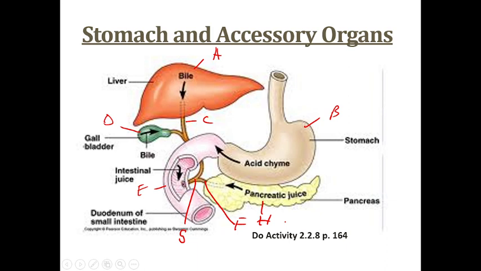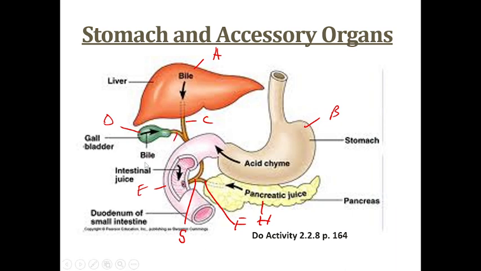It's the liver. B, stomach. C, it's the hepatic duct, and then the bile duct is this one.